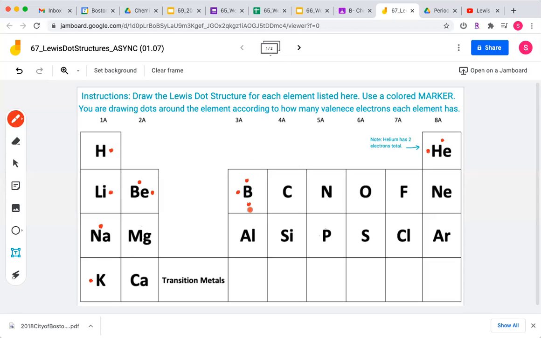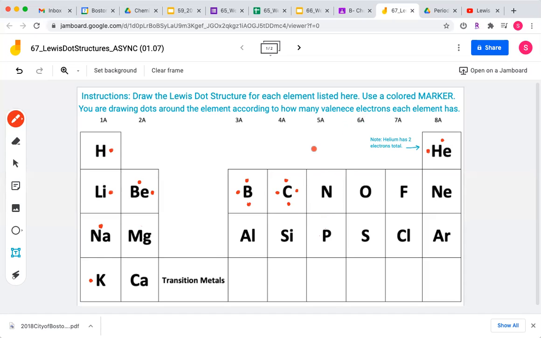And it's gonna be the same for Lewis dot structures. So I'm gonna go do carbon here. Carbon has 4. All right, notice I'm trying to draw the dots neatly.